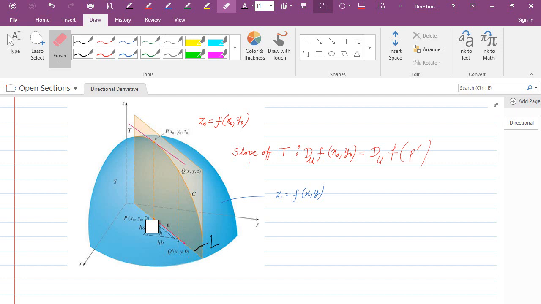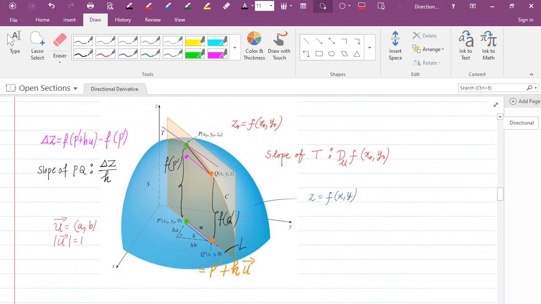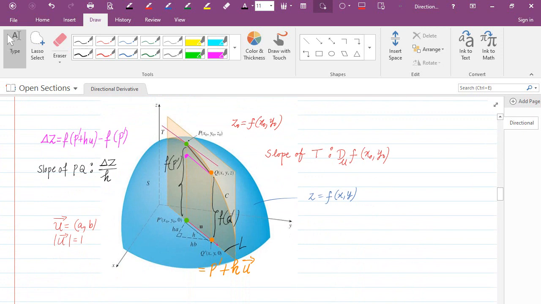Okay, so let me now try to explain why that's the case. So again, we are fixing a point P prime in the domain of f, and we are going to be interpreting the directional derivative of f in the direction of u at the point P prime. The blue surface again is the graph of f.